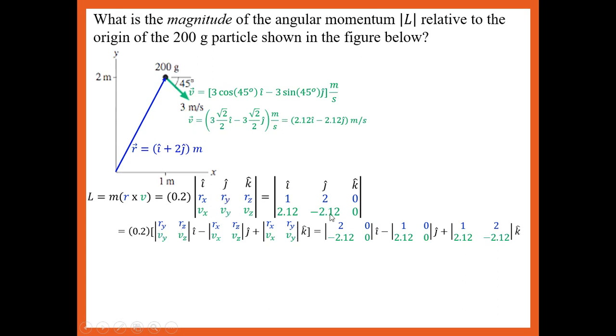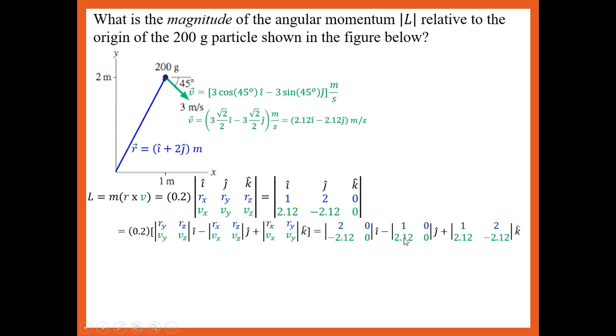That's a 2, and that's where that 2 comes from. And then Rz is right here, the value in the k direction. That's a 0. And then Vy is in this chart, in the middle in this segment here, which is negative 2.12. So I just carry that down. And then Vz, which is right here to the right of this, would just be 0.